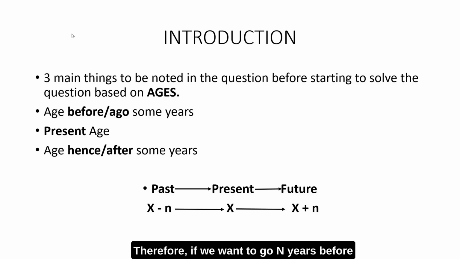Therefore, if we want to go n years before or ago and find the age at that year, it will be x minus n. From the present, if we want to calculate our age after n years, then the age will be equivalent to x plus n. Here n gives the number of years before or ago or hence or after, and x refers to the present age.